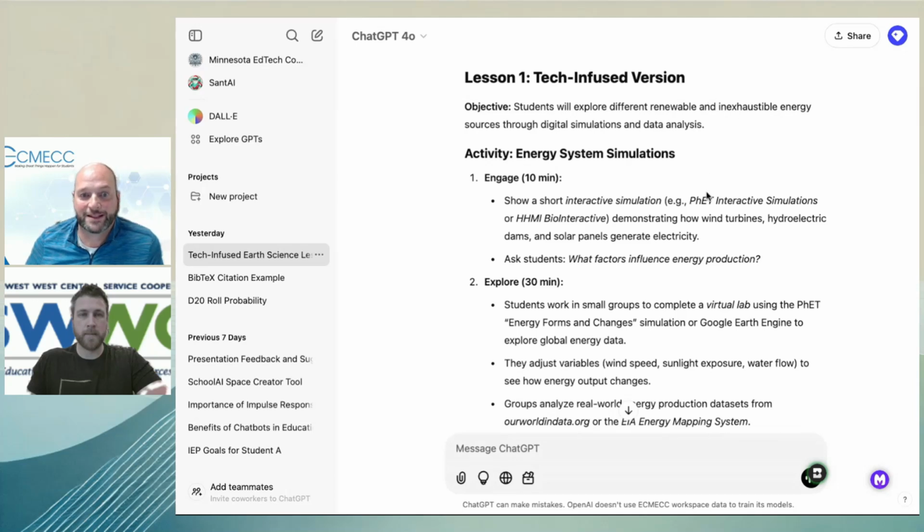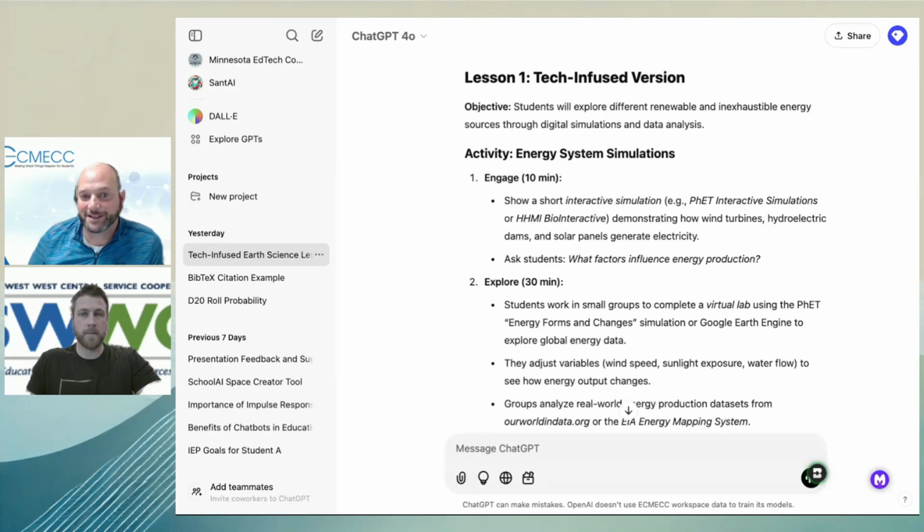And when I went to include these short interactive simulation activities that it says I should grab, I went to this PhET Interactive Simulations and HHMI BioInteractive, and they exist, both sites, and they both look like really cool places if you're looking for some sort of a little simulation about how something works.